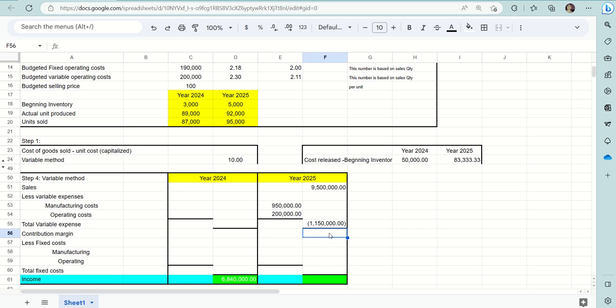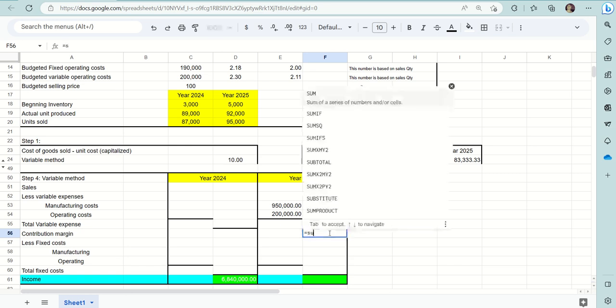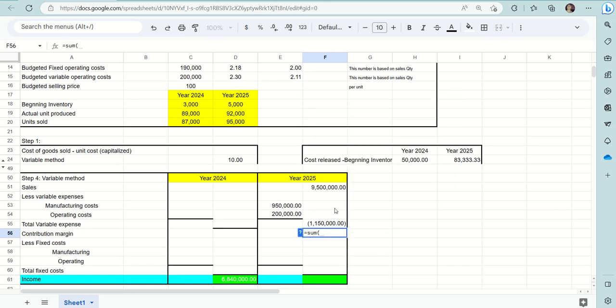So we simply subtract variable expense from sales. How do we do that? We just simply sum this up. Excel would do the work for us. And then we find out our contribution margin, which is 8,350,000.